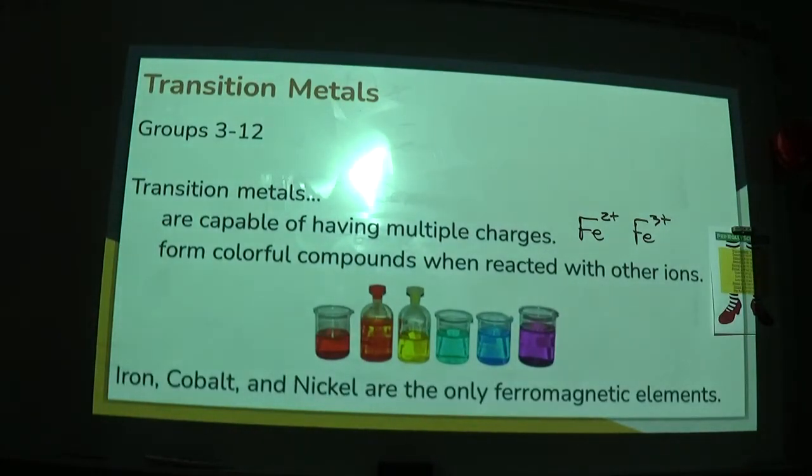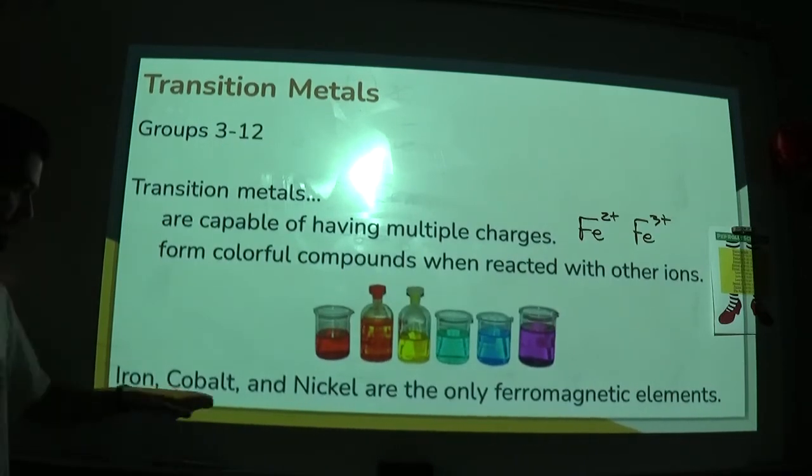Also, fun fact, our magnetic elements are in the transition metals. Iron, cobalt, and nickel are the only elements that are magnetic, or ferromagnetic, on their own. You can make different types of magnets with other elements, but if you think of a typical magnet, these are the only three elements.